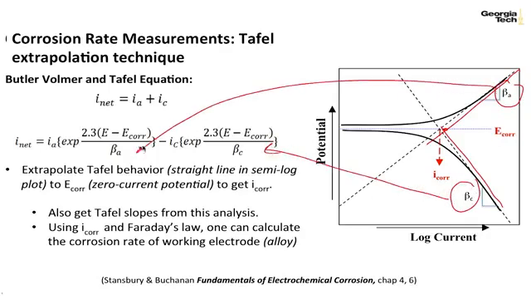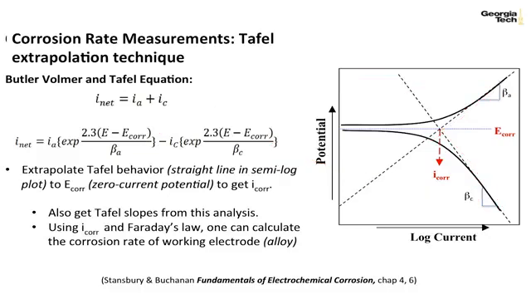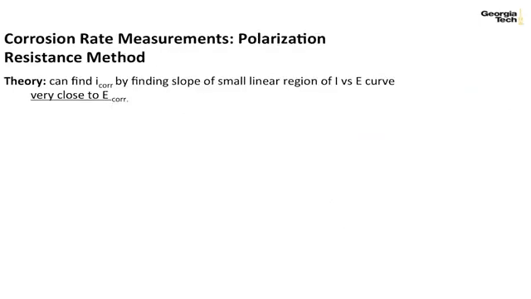These can be directly put into the Butler-Volmer equation to find I corr, which is basically where the net anodic and cathodic currents are equal. Once we have that I corr, we can determine corrosion rate.